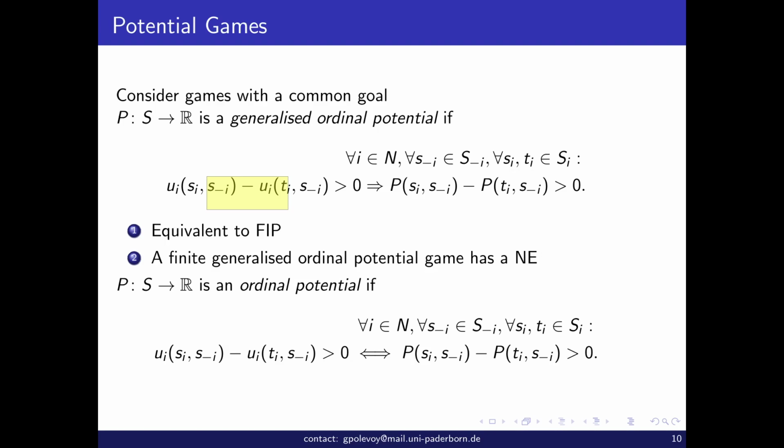That's called the finite improvement path property. Paths which consist of a unique deviator having an improvement have to be finite, and that's equivalent to having a generalized ordinal potential.